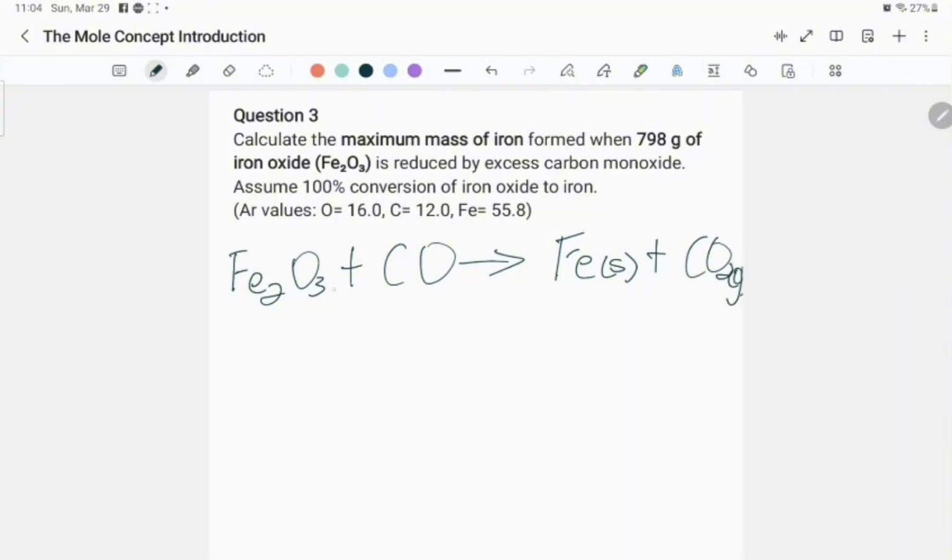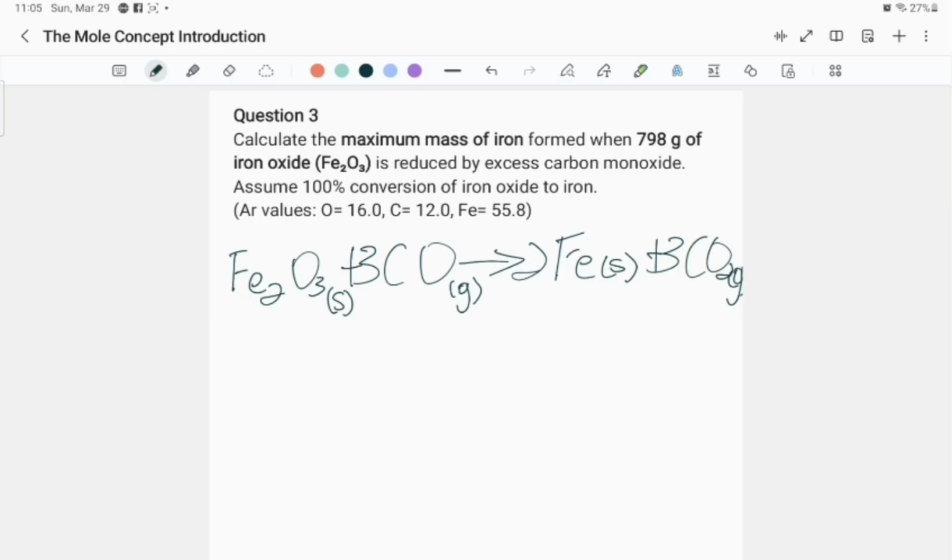Iron oxide is in a solid state, carbon monoxide in its gas state. So we add a 3 here and a 2 there, and then a 3, and then this equation will be balanced. Good.